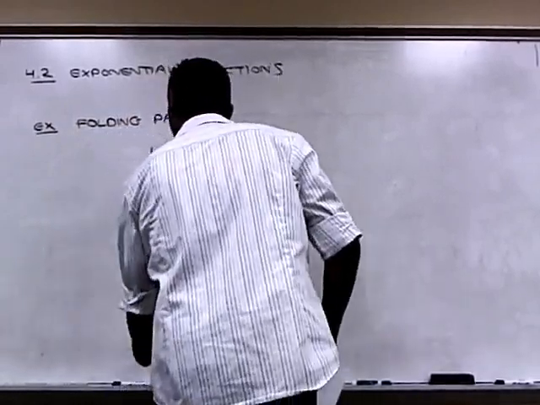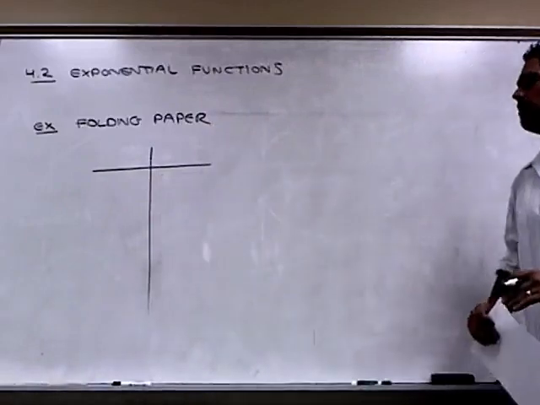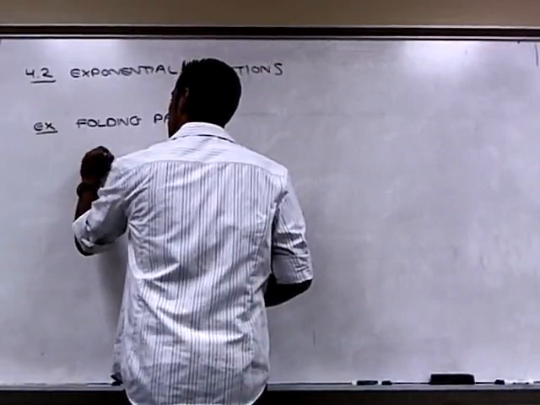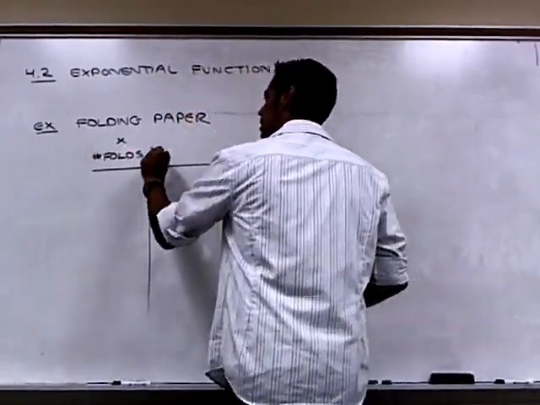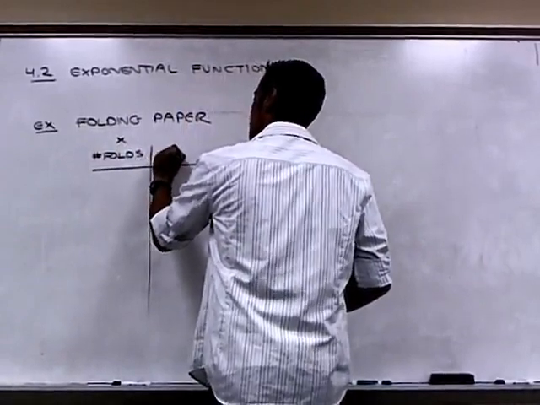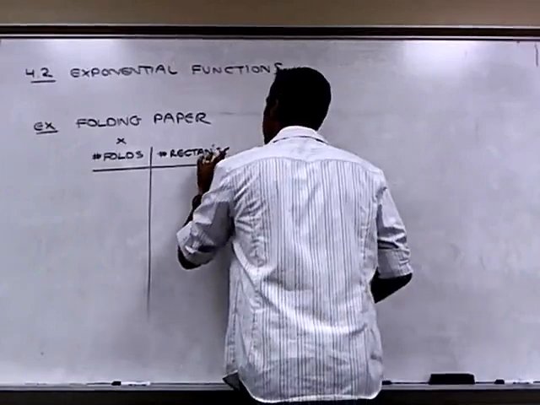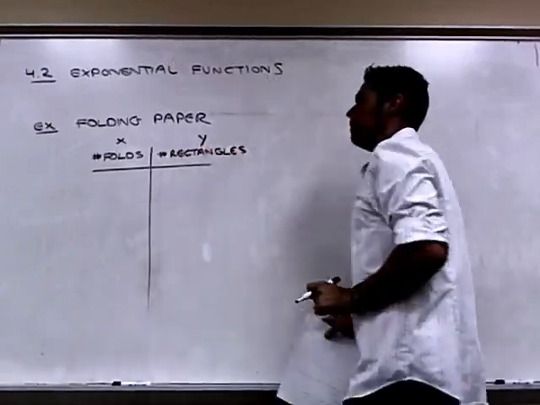So I'm going to make a good old t-table. Remember when we used to do t-tables like x and y? But instead of x and y, I'm going to put here a number of folds, which we will call our x. And then over here, the number of rectangles. And that'll be our y.